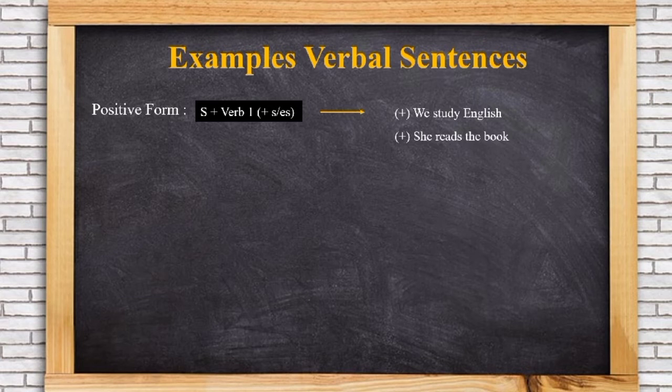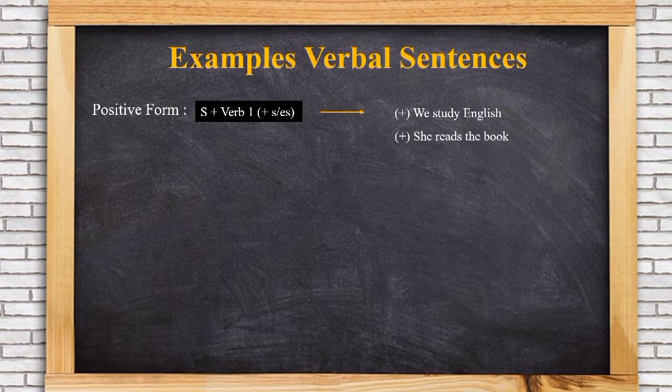We study English. In this sentence, only verb 1 is used because the subject is we. Okay, for example number 2. She reads the book. In this sentence, the verb that used is verb 1 plus s because the subject is she.